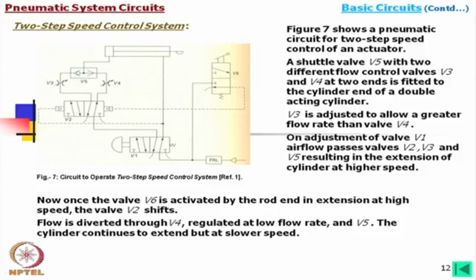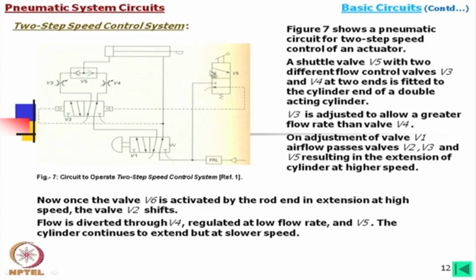So, for example, you can have some operations where for some portion you need less force and high speed, and then more force and low speed. This might be the position of this with respect to this one, which possibly you can adjust.